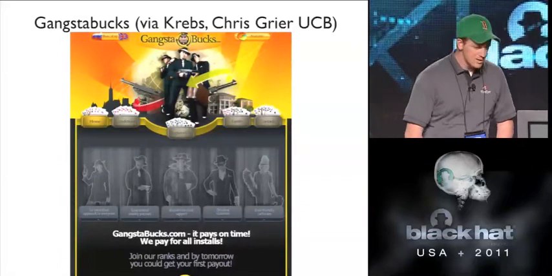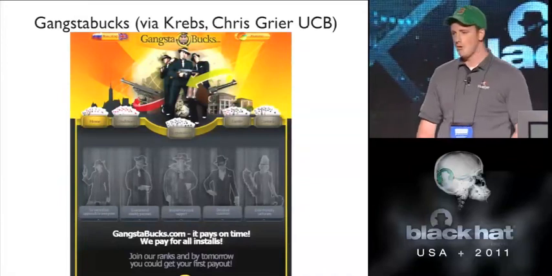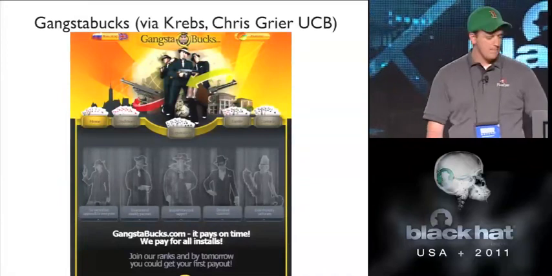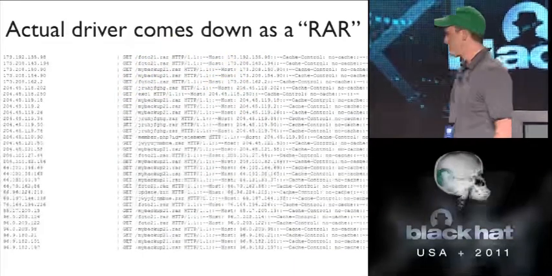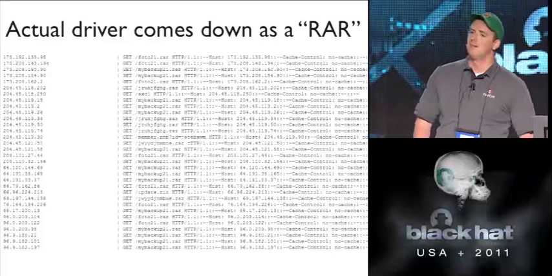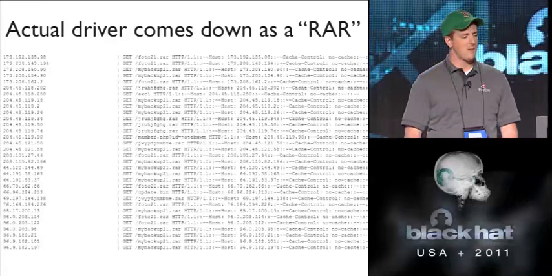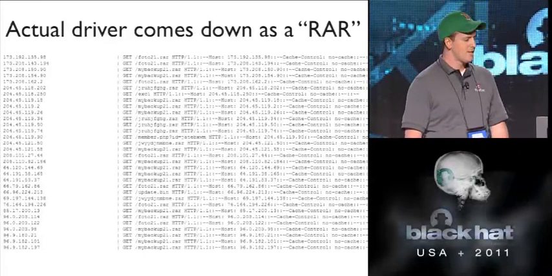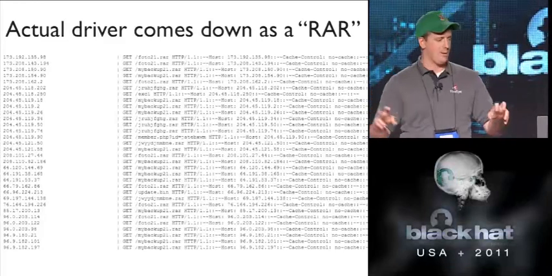But interestingly, when that downloader was downloading subsequent files, in the case of Rustock, it was downloading encrypted files. So it's not just interesting that it's downloading something encrypted. In this case, Rustock was coming down as this password-protected RAR, which I'll talk about.